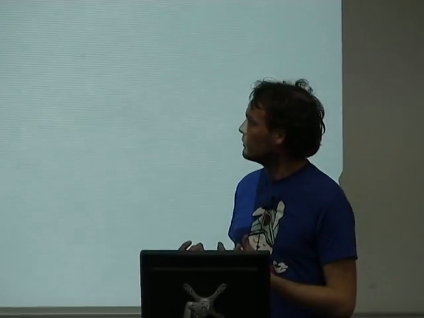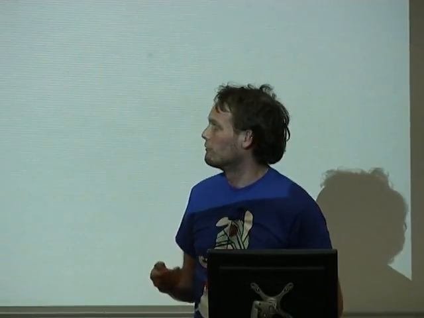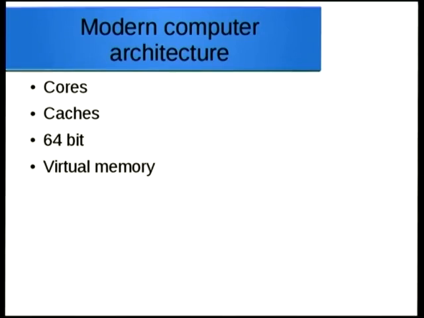Varnish tries to exploit cache locality, so instead of doing memory allocations as you go, you allocate a bunch of memory, a memory pool, and you sub-allocate from that. This also means that you don't get so much trouble with caches being flushed and so on. 64-bit I talked about, virtual memory I talked about.